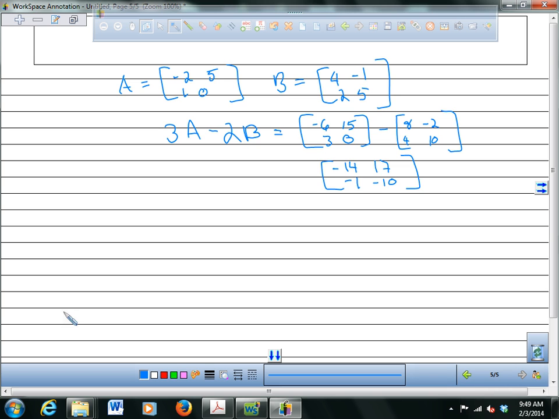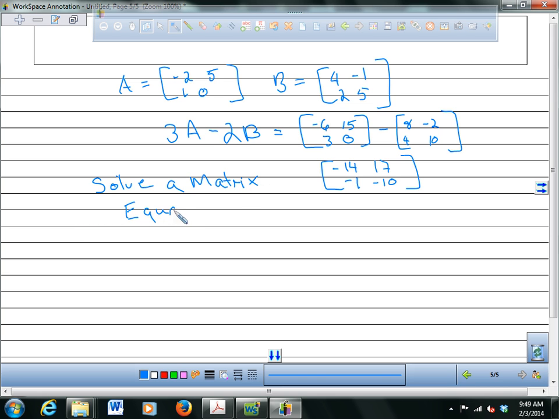And then lastly, solving a matrix equation.